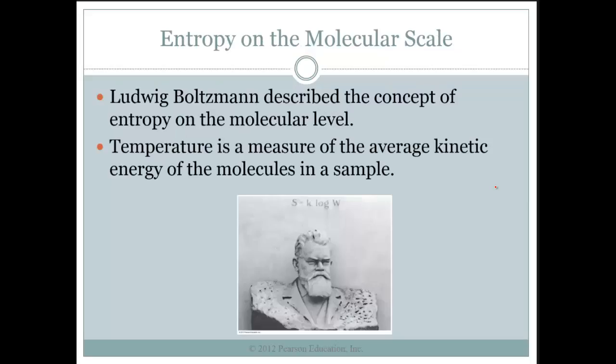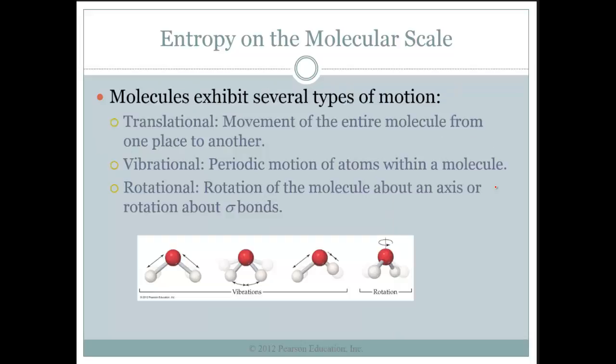Ludwig Boltzmann described the concept of entropy on a molecular level. Temperature is measured as the average kinetic energy of the molecules in a sample, and that temperature, that energy, translates over to the differences in entropy. Molecules exhibit several types of motion.